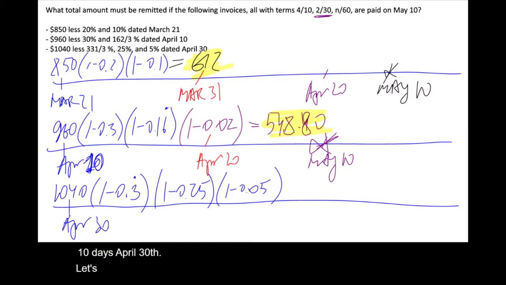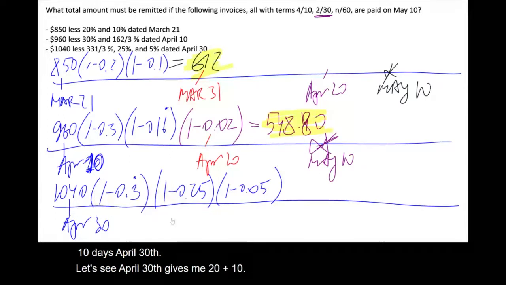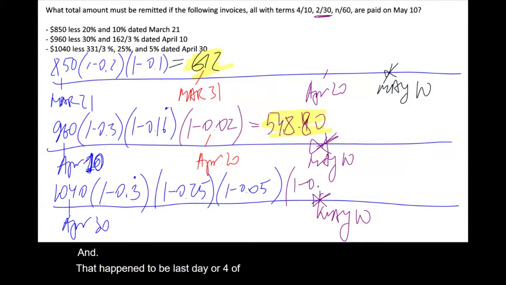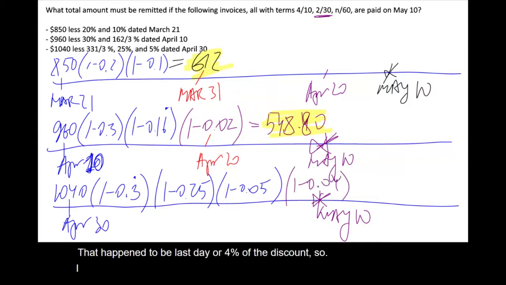Let's see, April 30th gives me 120 plus 10 is 130, and it is May 10. So May 10, and that happened to be the last day of the 4% discount. So I apply an extra 4%.